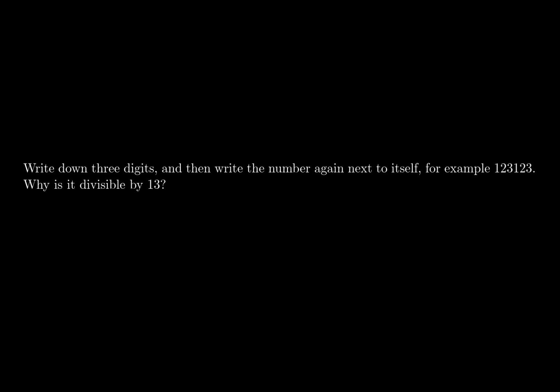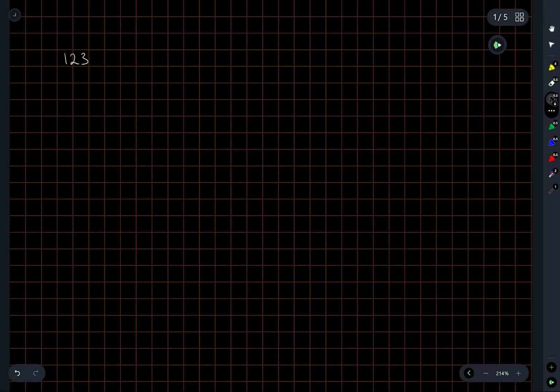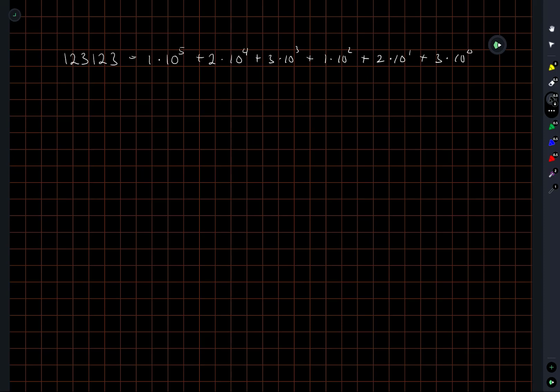So for example, starting with the number 123 and then writing that 3-digit number next to itself again, this is equal to 1 times 10 to the 5 plus 2 times 10 to the 4 plus 3 times 10 to the 3 plus 1 times 10 to the 2 plus 2 times 10 to the 1 plus 3 times 10 to the 0. This is simply what it means for a number to be represented in base 10.